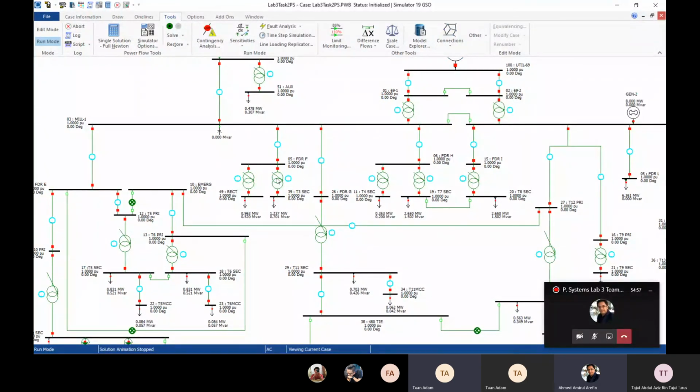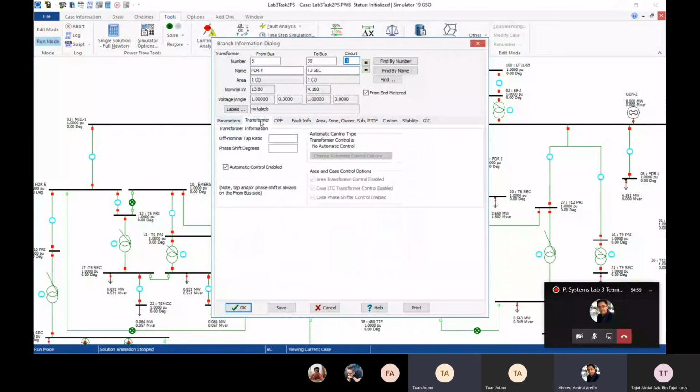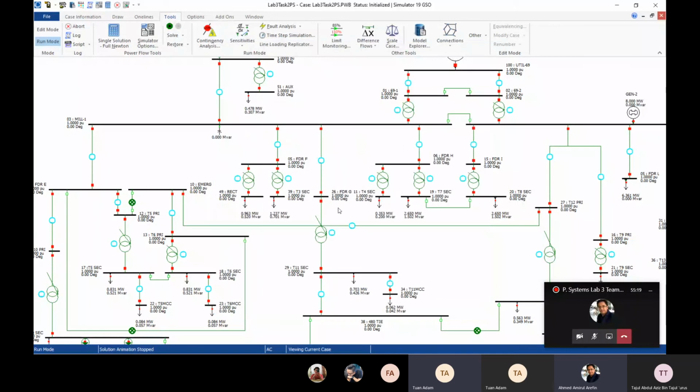So change the transformer ratio: 1 minus 0.0625 equals 0.9375. So the per unit voltage is now 0.9983, more than 0.95.